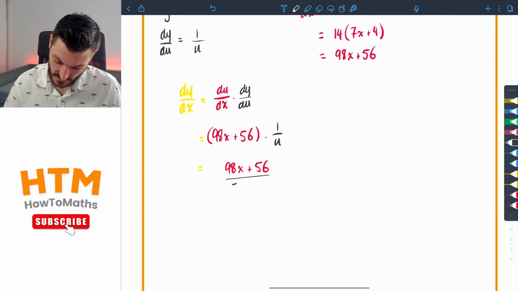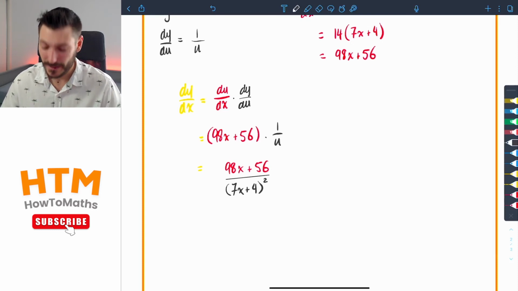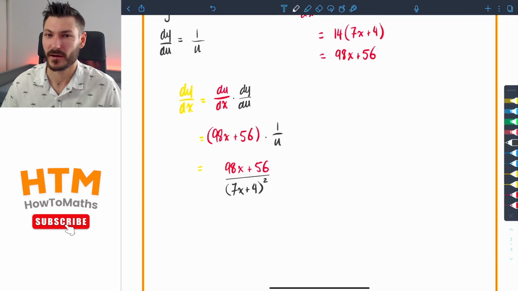So I'm going to write (7x plus 4) all squared, and that's my final answer. You could, if you wanted, expand the (7x plus 4) all squared, but I suspect it's not going to get us anywhere, so I'm going to leave it like this for now.